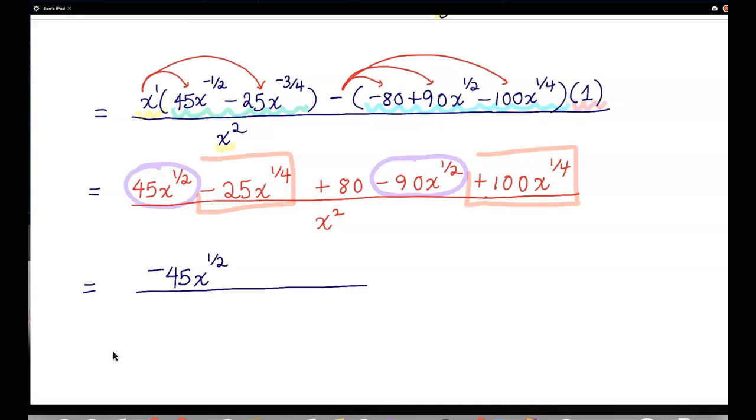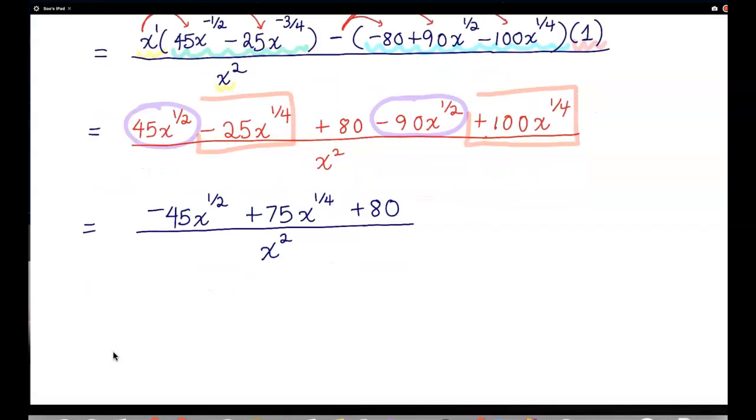And I box them with orange highlighter so that you can see them. If I combine them, 100 minus 25 will give me positive 75, and it will remain as x to the 1/4 power for the variable. I'll bring down my plus 80. And it is still all over x to the 1/2 power.